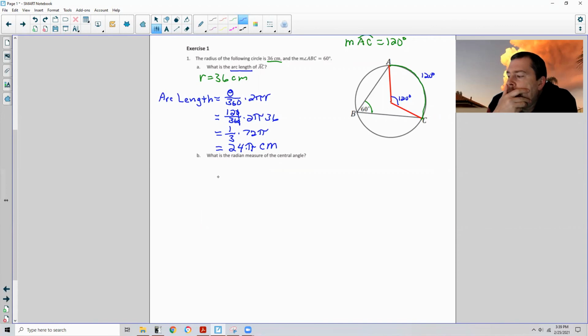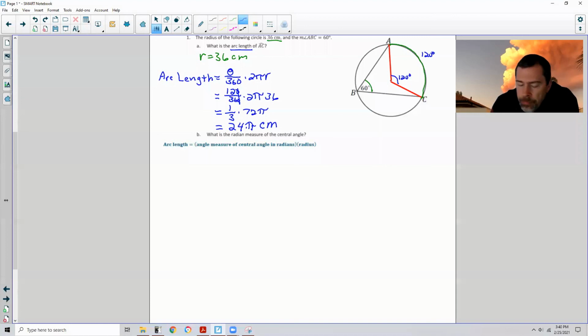Arc length is the angle measure of the central angle in radians times the radius. So arc length equals the central angle in radians times the radius. So the arc length is going to equal the angle measure of the central angle in radians.